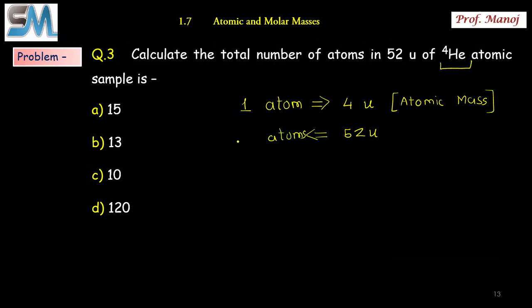Now, this is simple mathematics. It's 52 divided by 4. That's going to be 13 atoms. So they are asking us the number of atoms to calculate.